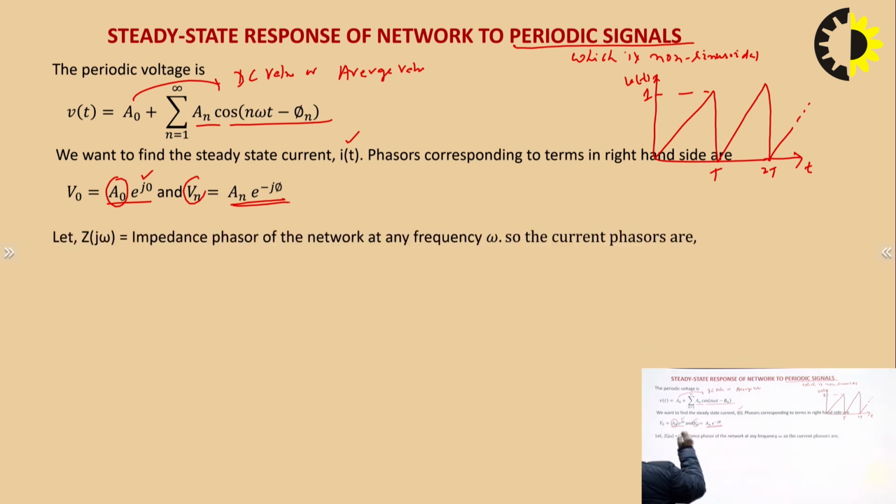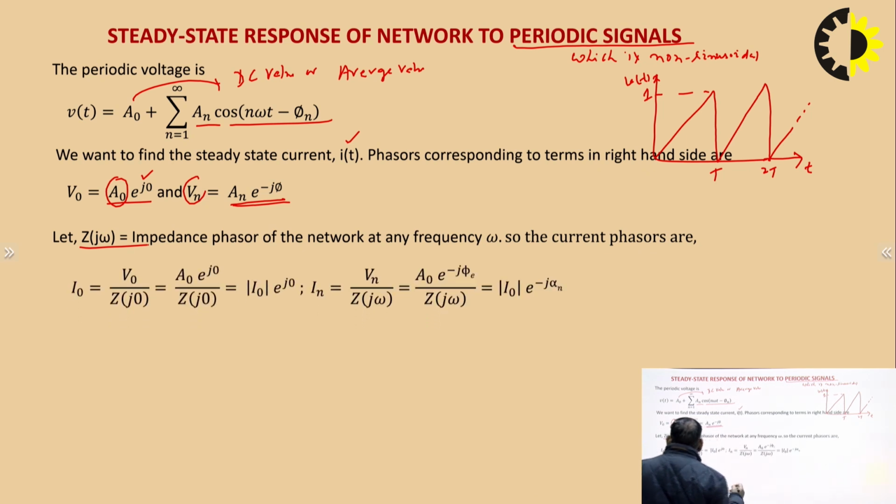Suppose this is the impedance of the network having RLC or RL or RC. It depends upon the frequency of the signal, omega. The current phasor is the voltage magnitude, with its phase angle, divided by the impedance.